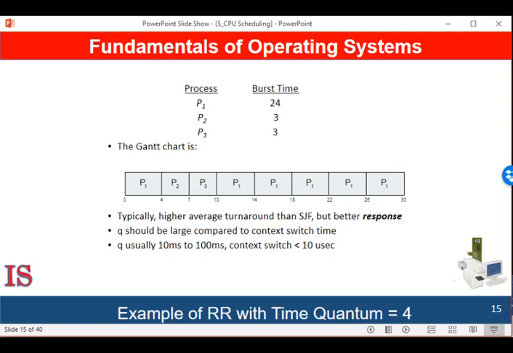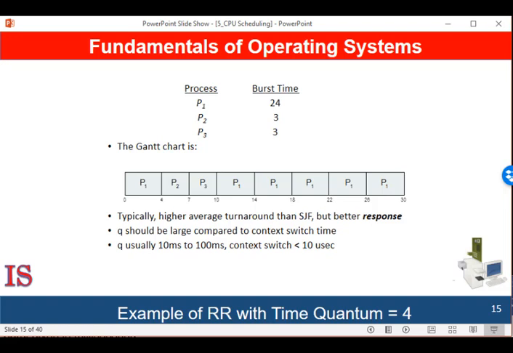Consider this set of processes that arrive at time 0 with the length of the CPU burst given in milliseconds. If we use a time quantum of 4 milliseconds, then process 1 gets the first 4 milliseconds. Since process 1 requires another 20 milliseconds, it's preempted after the first time quantum, and the CPU is given to the next process in the queue, process 2.